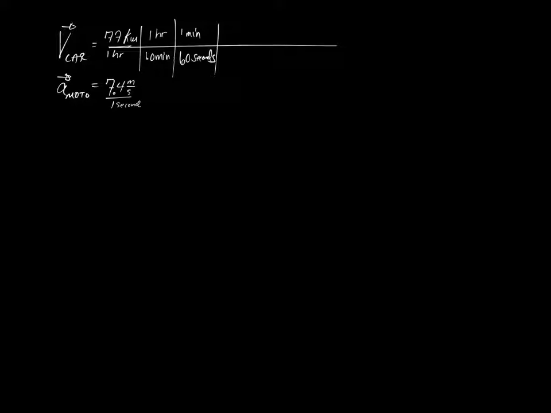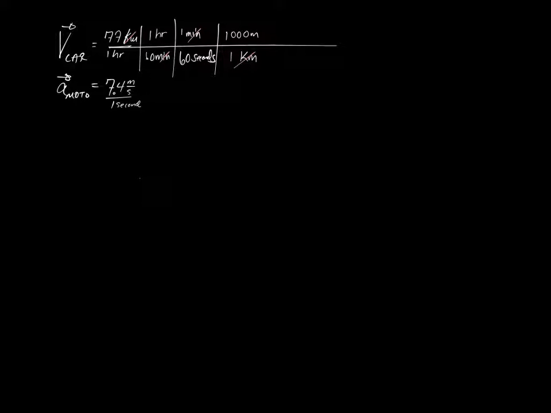And then 1,000 meters are in 1 kilometer. I think now the units will work out to be the same, because we need meters per second instead of kilometers per hour. So kilometers cancels here. I'm really just multiplying by 1 three times. That's all I'm doing here, just converting units.